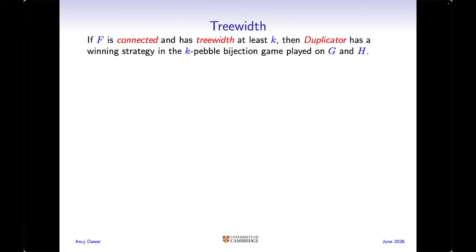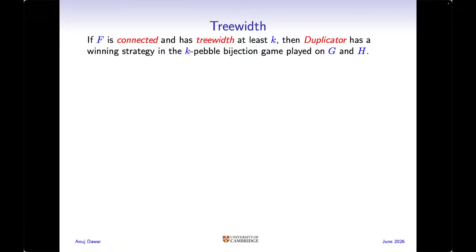And so we get that as long as the graph F you started with is connected and has tree width at least k, I'll say a bit more about tree width in a moment, then duplicator has a winning strategy in the k-pebble bijection game, played on the two graphs G and H, with the symmetry group I picked, namely arbitrary permutations of the two parts of the bipartite graph.